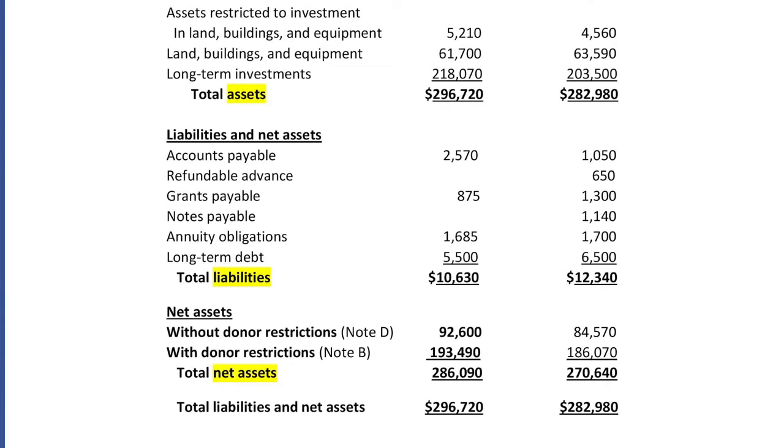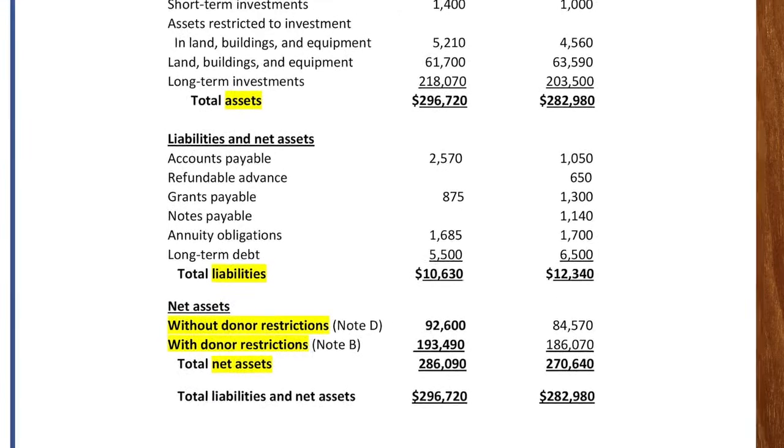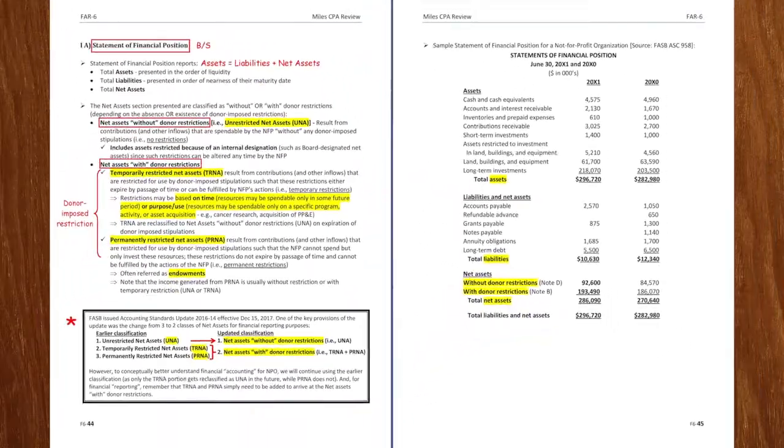Now, as we know, net assets are going to be reported as those without donor restrictions and those with donor restrictions. So without donor restrictions are the unrestricted net assets. With donor restrictions are those which are temporarily as well as permanently restricted net assets. Basically, TRNA plus PRNA.